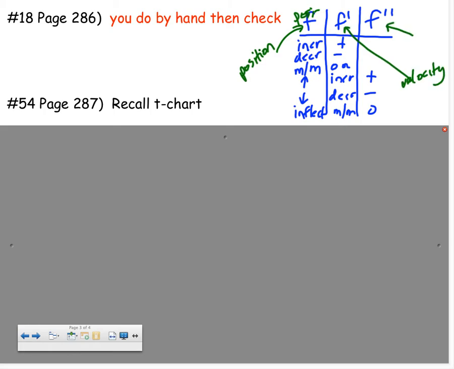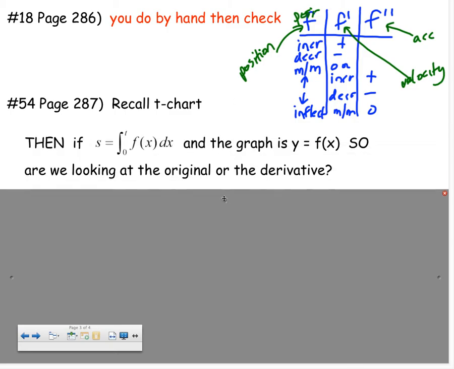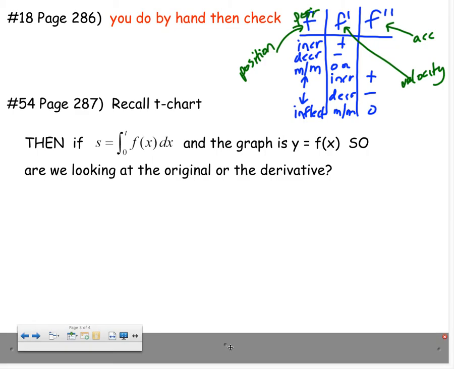And then this is your acceleration. The directions might look a little different. In the past, they've flat out told you, hey, this is the position graph. Hey, this is the velocity graph. Now they're going to word it a little bit differently. I want to show you what I'm talking about here.